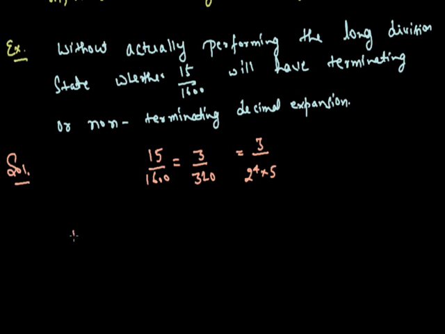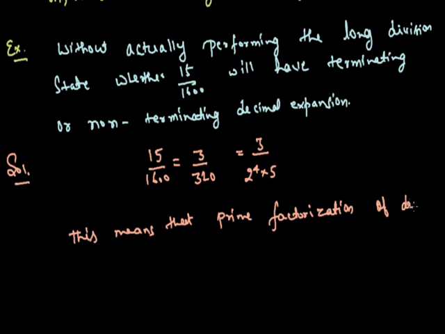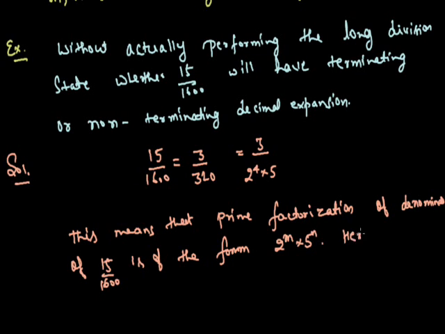This means that the prime factorization of the denominator of 15 upon 1600 is of the form 2 to the power m into 5 to the power n. Hence it is a terminating decimal expansion.